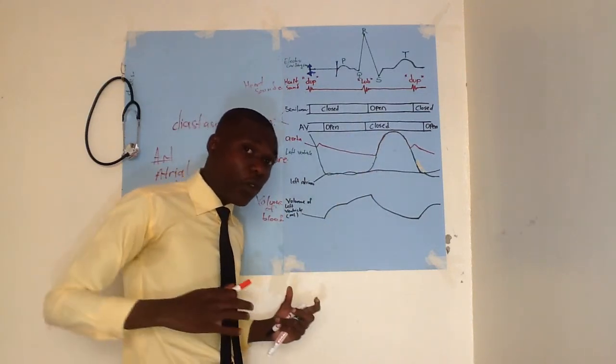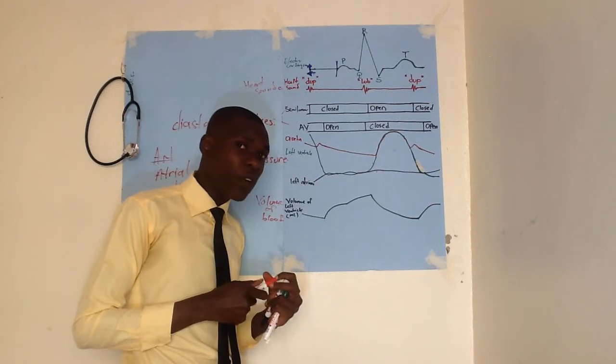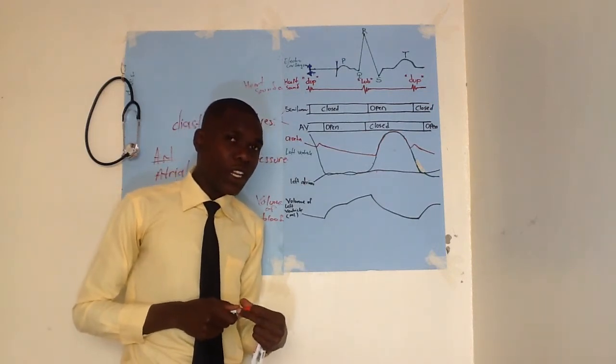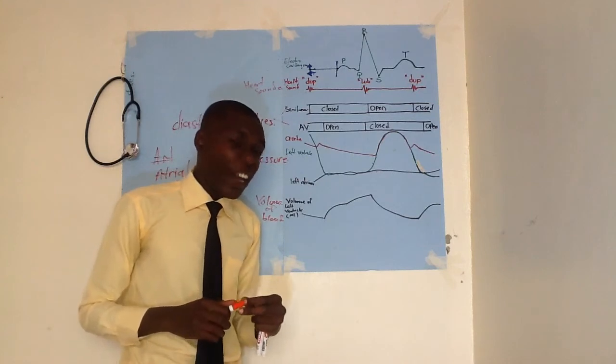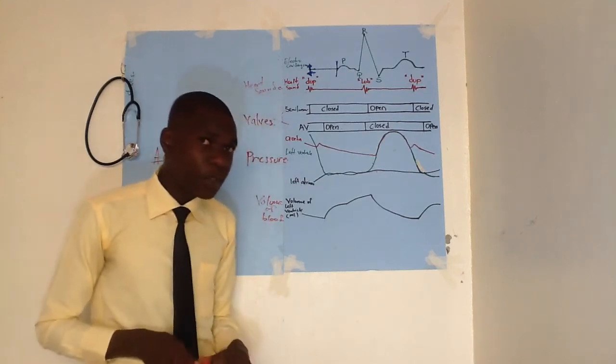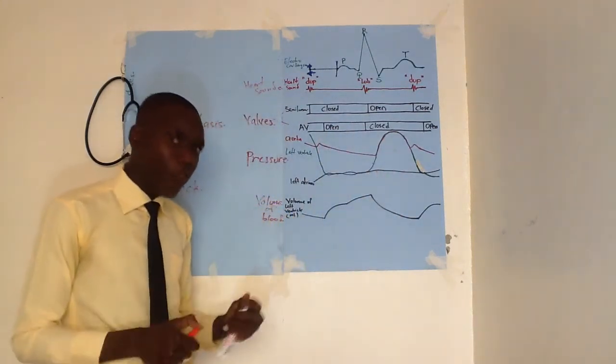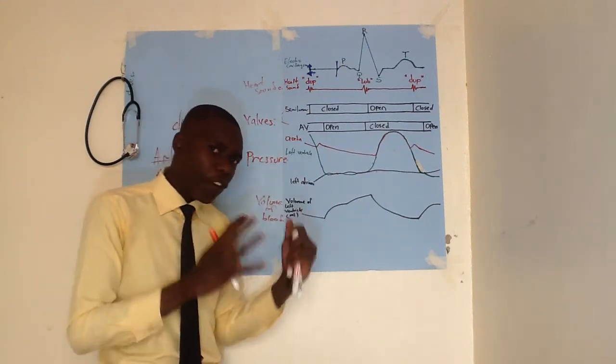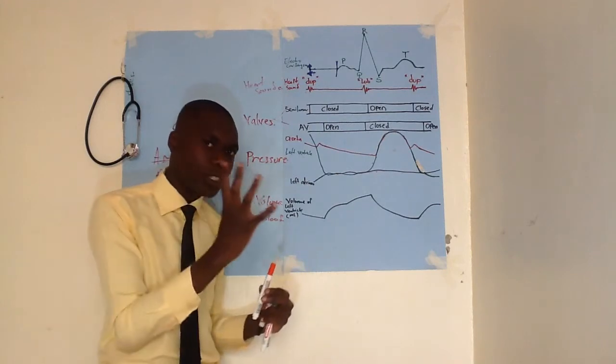As blood tries to move back into the atrium, because pressure in the ventricle is higher than the pressure in the atrium, that will force the atrioventricular valves, the valves between the atrium and the ventricles, to shut closed.